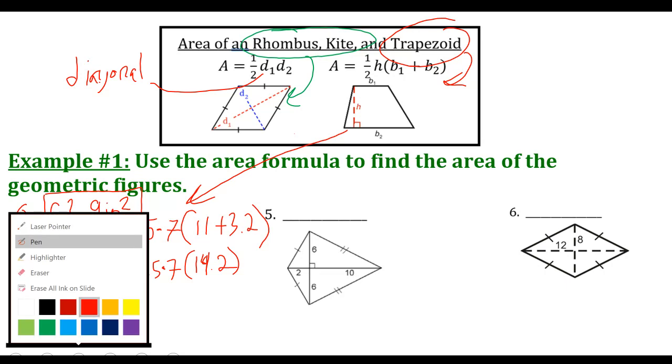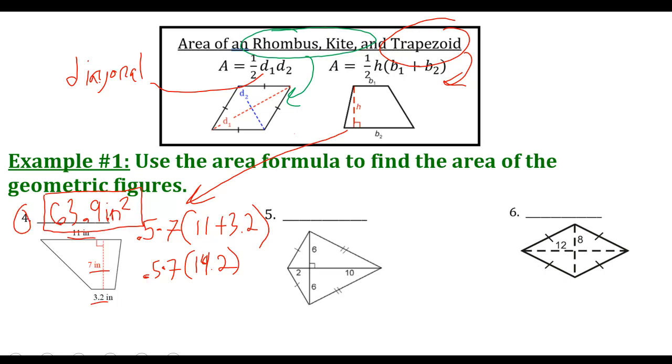This next one looks like it is a kite, right? We have adjacent sides that are congruent. Adjacent side, that's congruent. Looks like we're going to use this formula, right? Because that's the rhombus or kite. That's going to be 1/2.